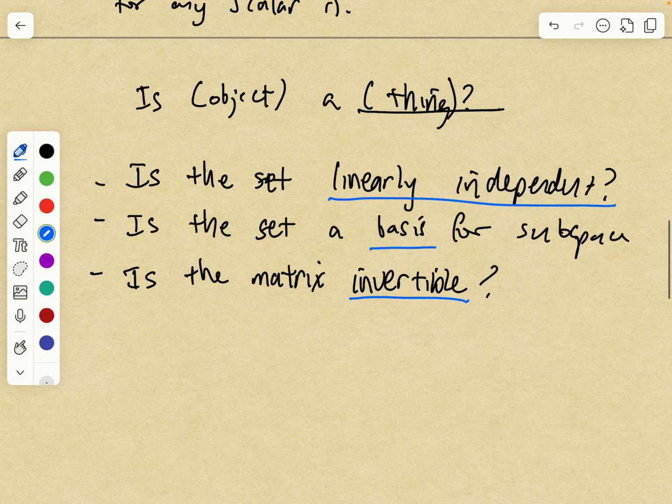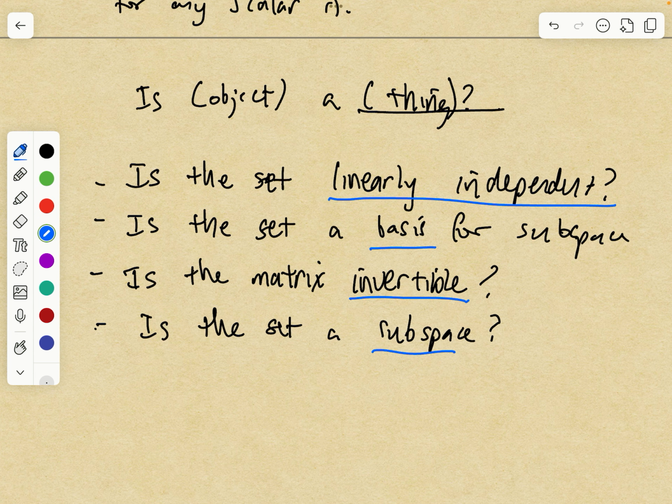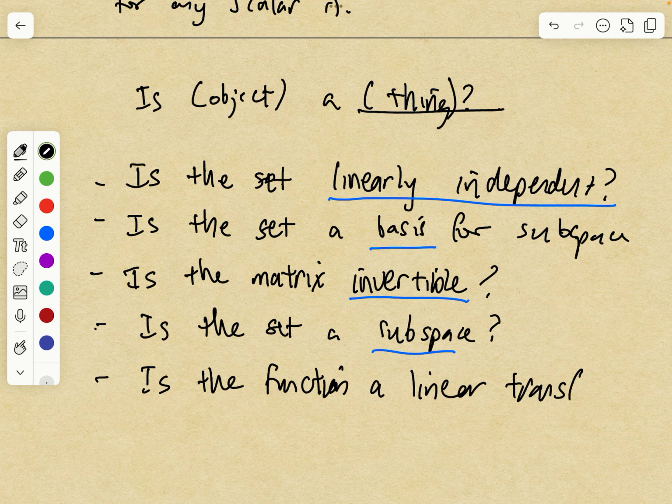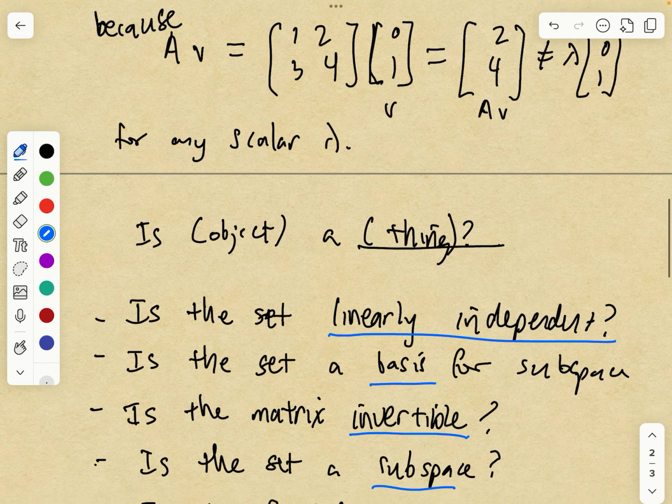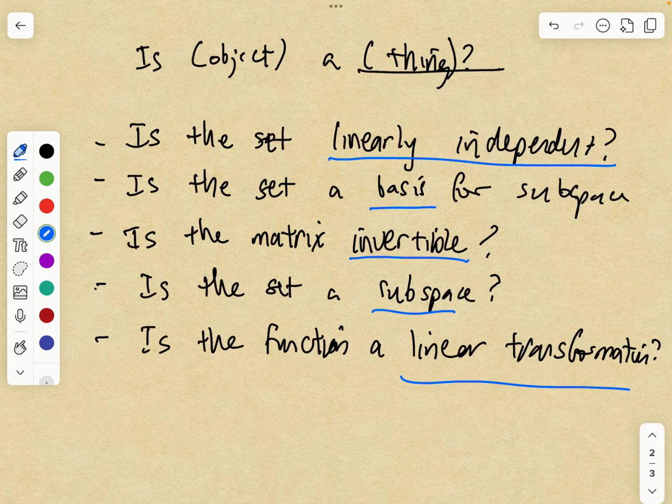Another example is such and such a subspace. They give you a set, and then the question is, is the set a subspace? So we need to know what counts as a subspace. Or is this function a linear transformation? Right? Or an eigenvector, or whatever technical term.